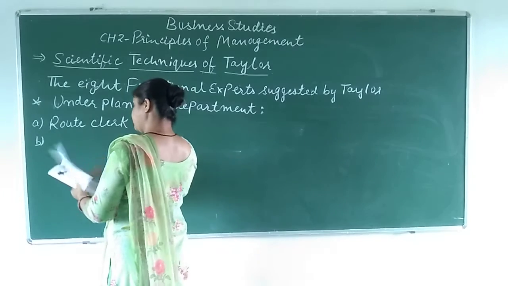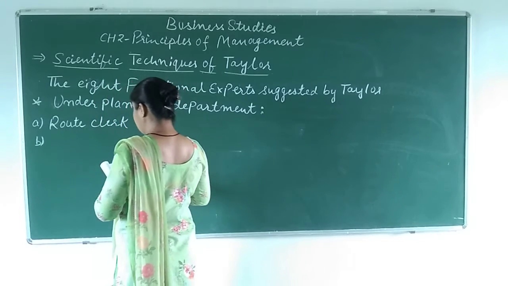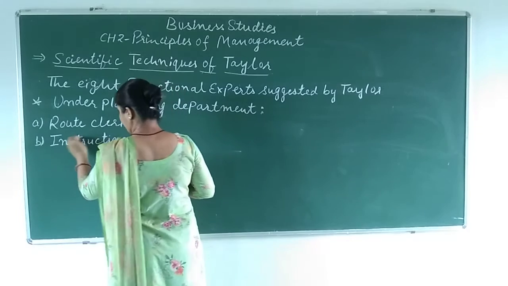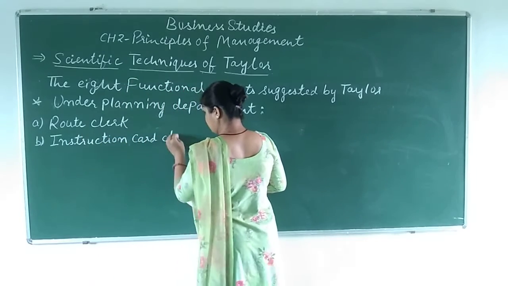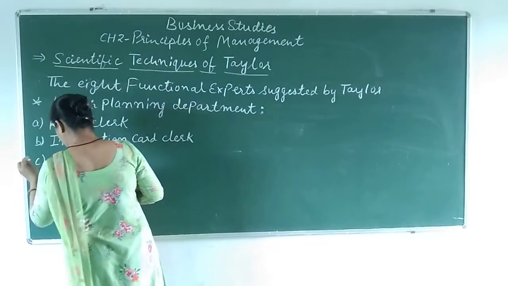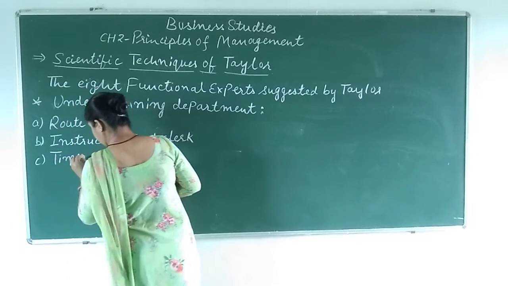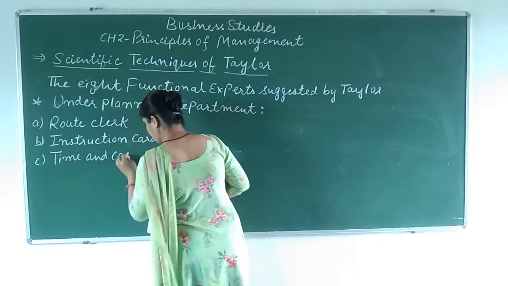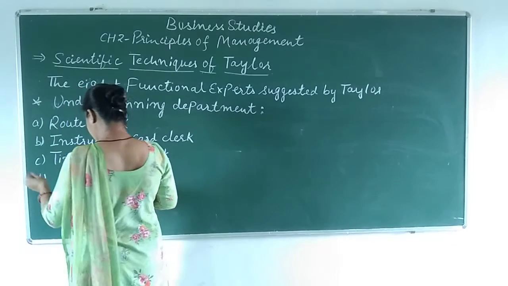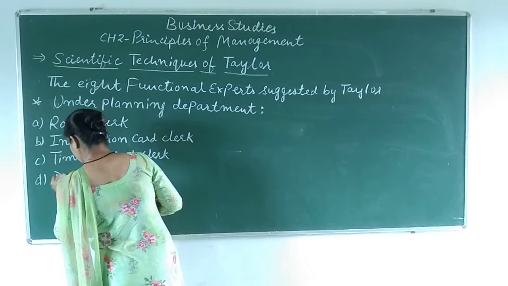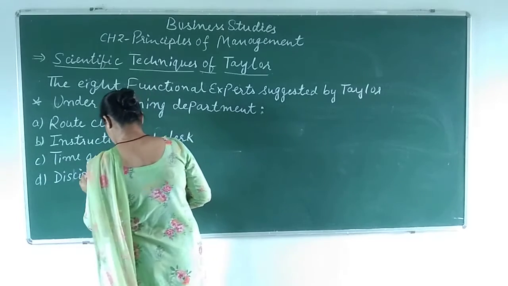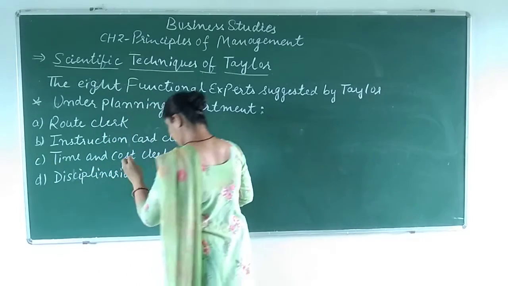Second is instruction card clerk, okay. And the third one is time and cost clerk, and the last one is D, disciplinarian.